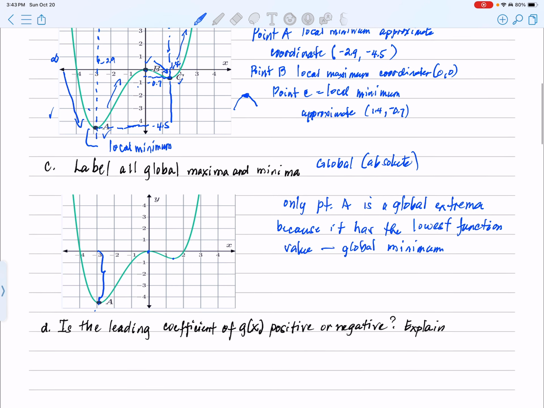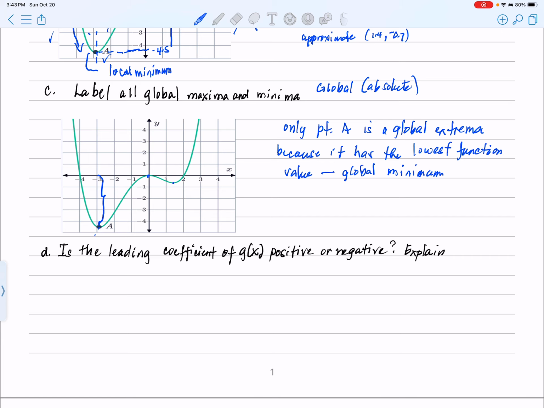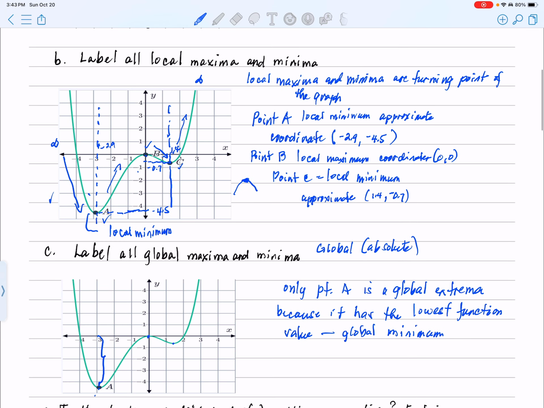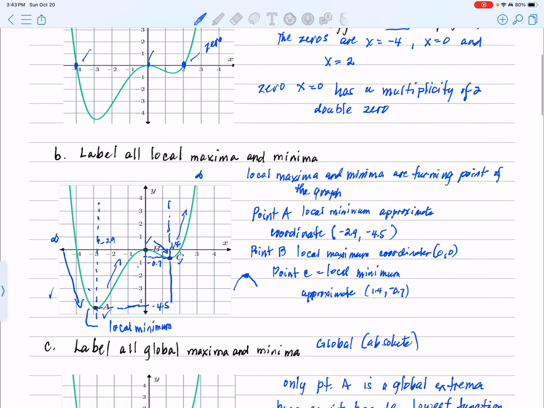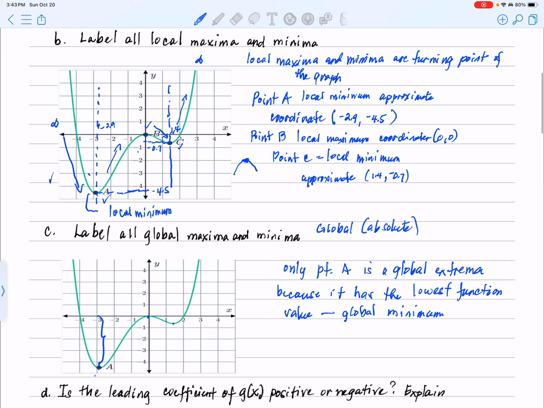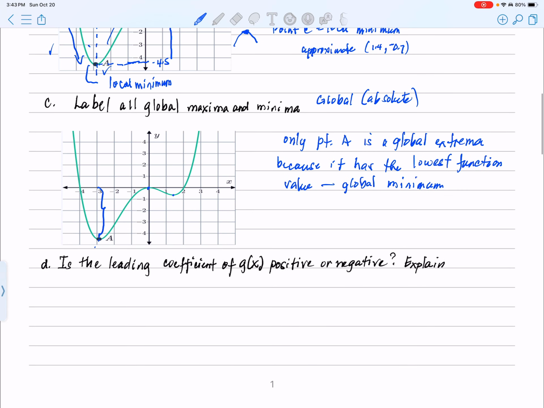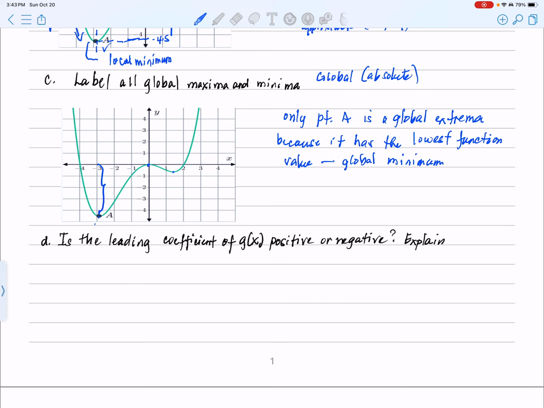All right. Is the leading coefficient of g of x positive or negative? Now, take note, we are not given a function here. If we start from number 1, number 2, letter B, letter C, the function is not given, but we are given the graph. So how do we determine whether it's positive or negative?